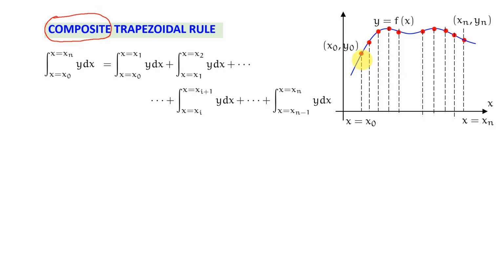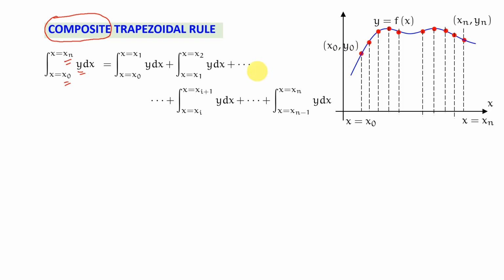In composite trapezoidal rule, we divide the integration interval. So in this case, we are interested to carry out an integration of function y between interval x0 to xn, and I divide this domain into many small segments.